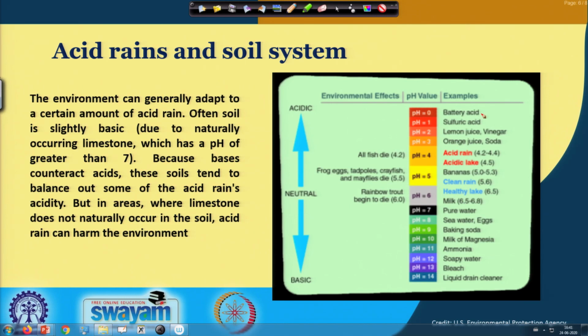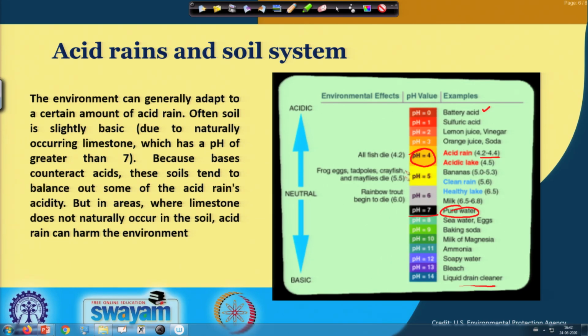We can see that battery acid, which is extremely acidic, has a pH of 0, whereas liquid drain cleaner, which is highly basic, has a pH of 14. pH 7 is the pH of pure water. If you consider acid rain, it has a pH varying from 4.2 to 4.4, so basically near pH 4.